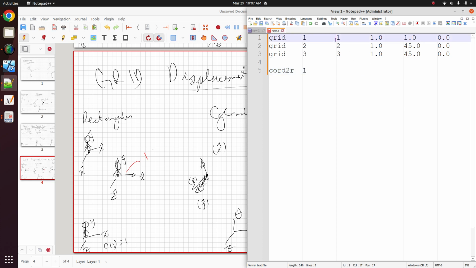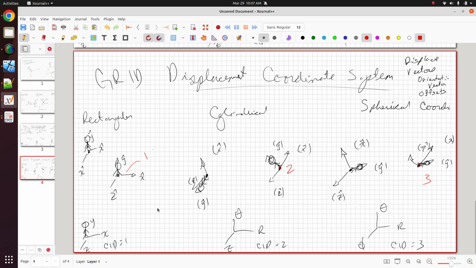Let me do this. This is getting a little confusing, so maybe what I'll do is I'll give these points a different ID. Go ahead and delete that, and let's relabel some of the values back here.